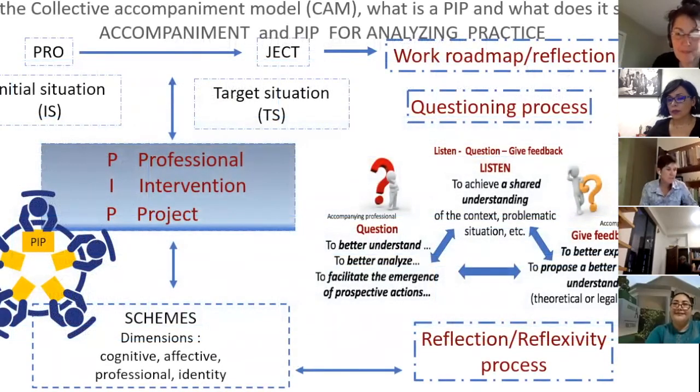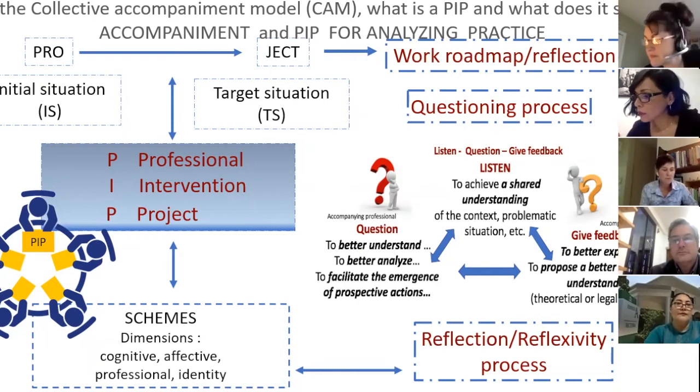Yes, all right. So, Giovanna was just telling us about going from a linear model to a circle model. What I have introduced in my practices is the PIP as a tool, through a circle model, to analyze practices. The PIP means Professional Intervention Project.